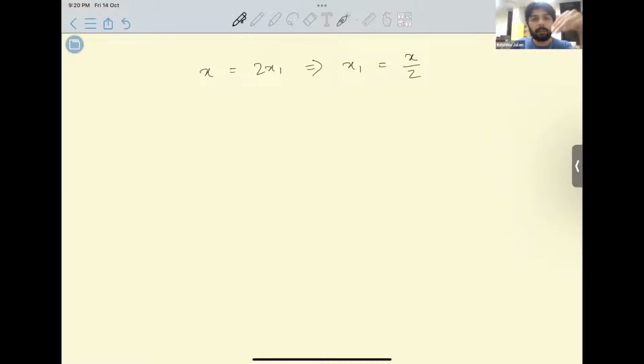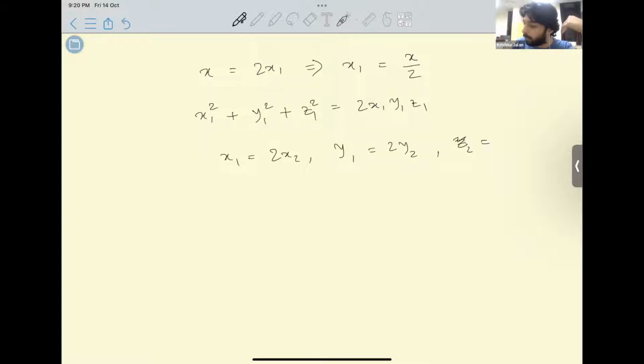Now I told that I can repeat my argument because my equation is of the form x1 square plus y1 square plus z1 square is 2x1 y1 z1. So I can repeat the argument over again, and I can write x1 as some 2x2, y1 as some 2y2, and z1 as some 2z2. So what will be x2? x2 is x1 by 2, but I already know x1 from here.